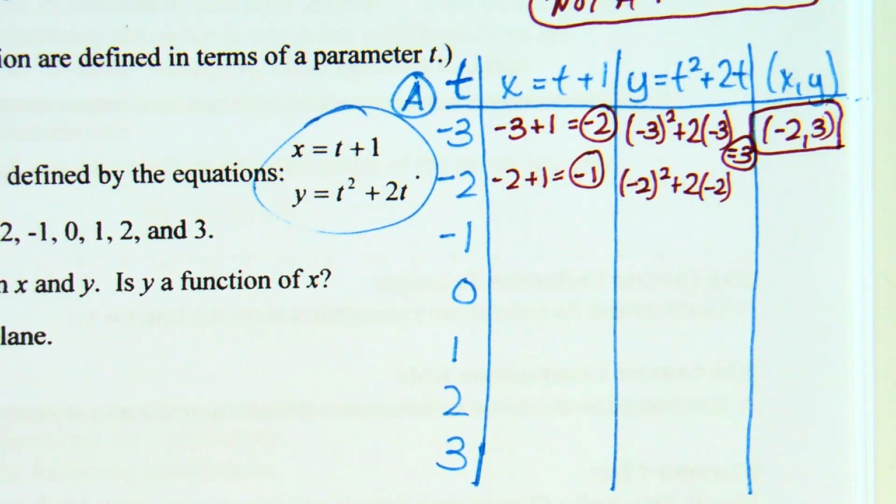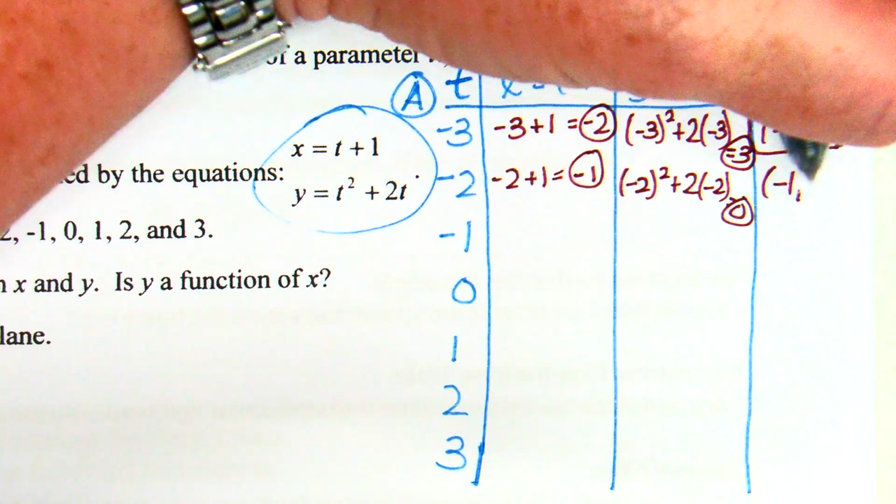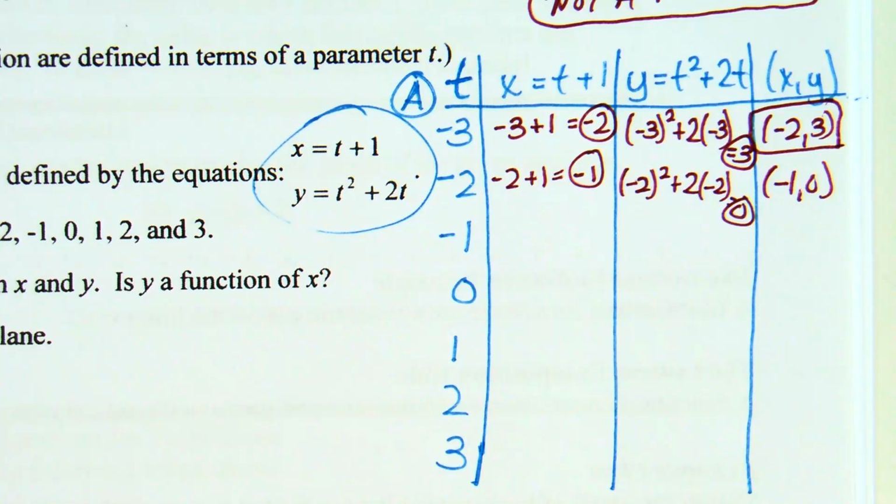So 4 plus -4 is 0. So my ordered pair is -1, 0. Do you want to draw a graph like this? Depending on what they ask, yes. I can't remember what they ask. Okay, plug in -1, and I'm done writing the work out.